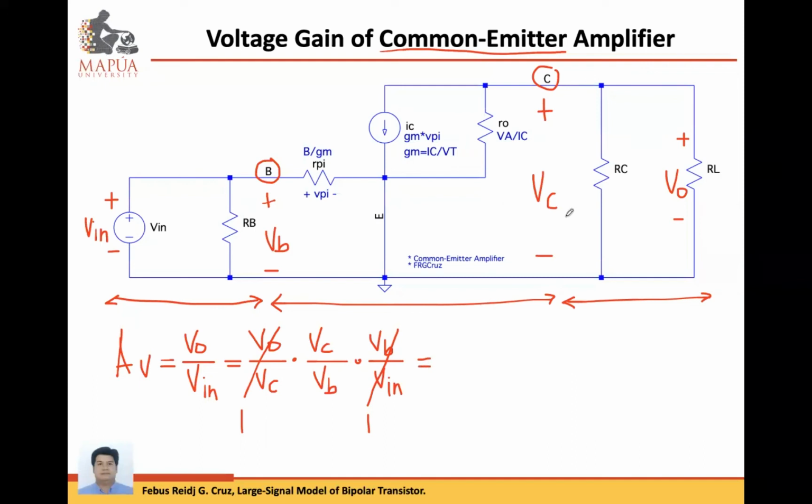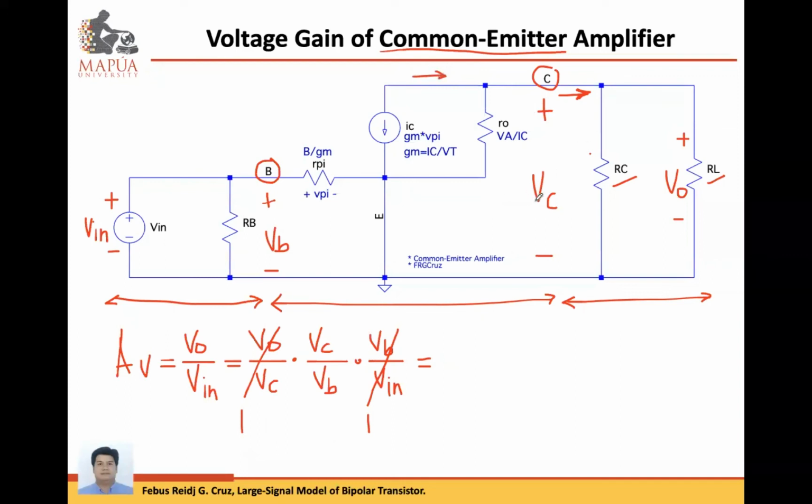All right. So take a look at the collector voltage. Collector voltage is the voltage drop across RC and RL. So you have the resistance. Now, what is the current flowing here? Possibly pwede nating i-trace pabalik dito, no?